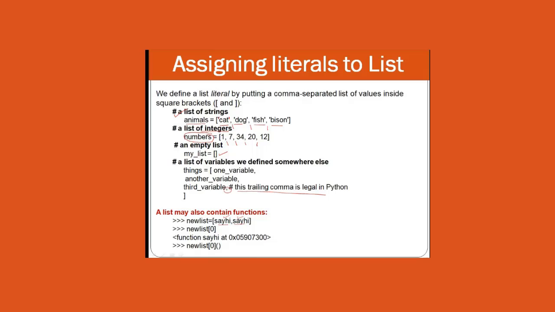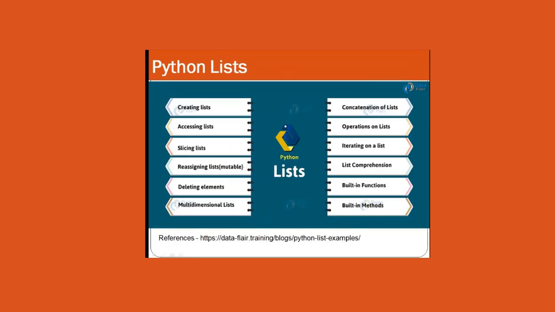If you try to display it to find out what it is, it will say that this is a function, and you need to execute or call it. You first access that element, and then you put open and close parentheses to call the function. So this line is equivalent to calling say hi, which means you are calling the function.